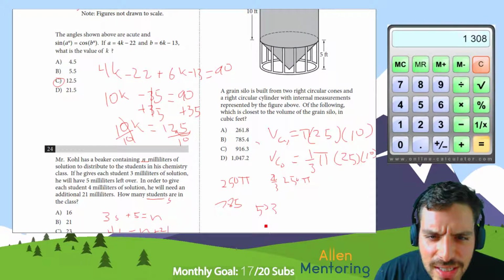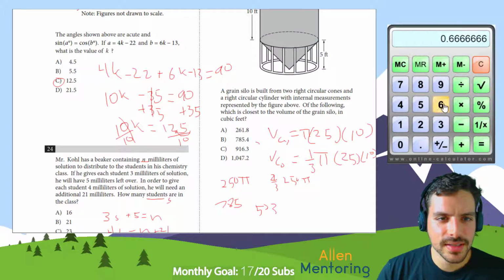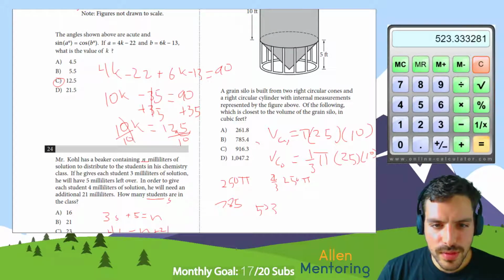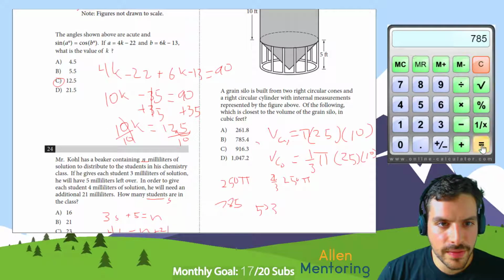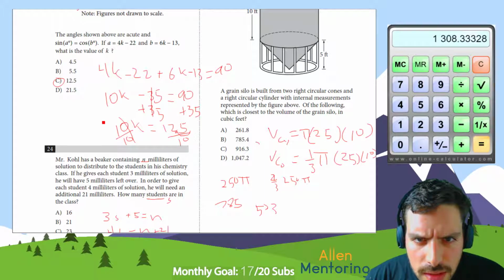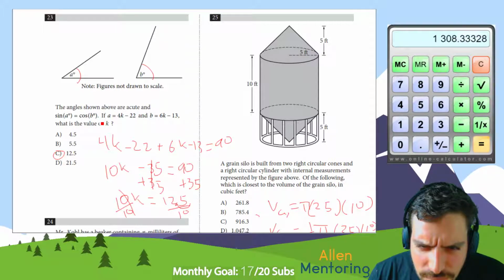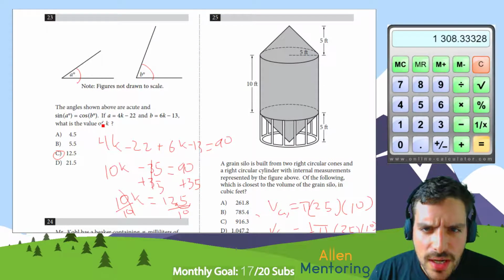Wait, let me do 250 times 0.66666 times 3.14. 523 plus 785. So it's 1308. I think this is correct.